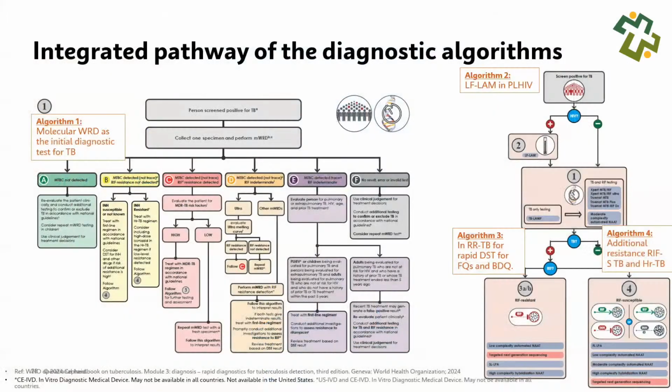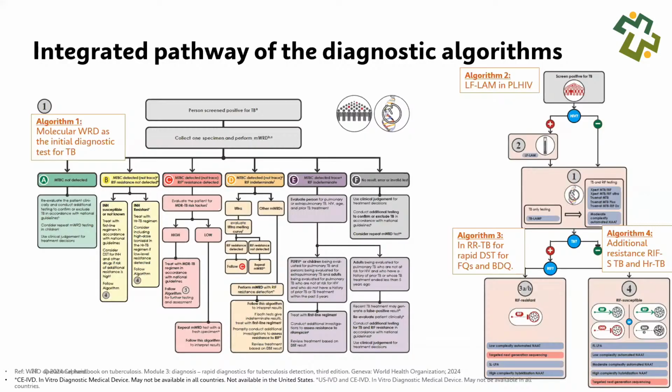So now let's jump into the integrated pathway of the diagnostic algorithms. As you can see, the reference again is WHO. This image basically summarizes the 4 endorsed TB diagnostic algorithms. As you can see, it talks to the molecular WHO recommended rapid diagnostic tests as the initial test, the one that we just spoke about in the previous slide.